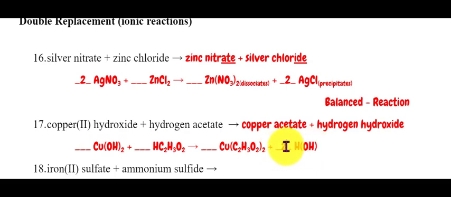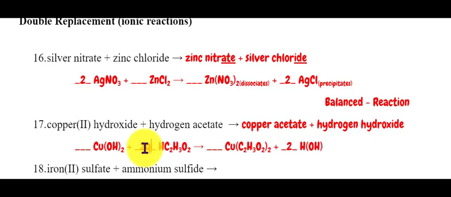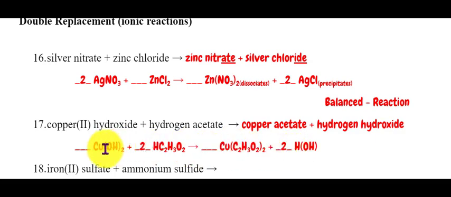So I'm going to make 2. Okay. And C2H3O2, there's 2 on the left. Oh, I need 2 on the right. And then hydrogens. Oh, there's 2. So now it is balanced.